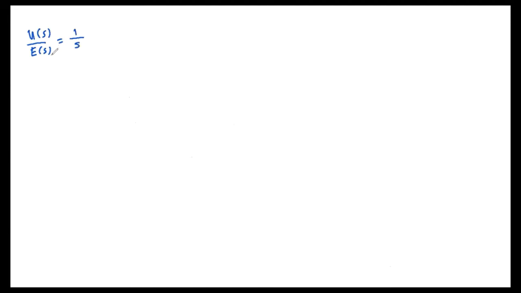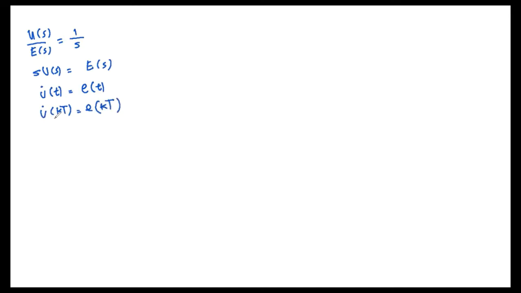So the first thing that we need to do is convert this into a differential equation form. So I have s times U(s) equal to E(s). Then apply inverse Laplace, so I get u dot of t equal to e of t. Basically this is equivalent to u dot of kT in discrete form equal to e of kT.